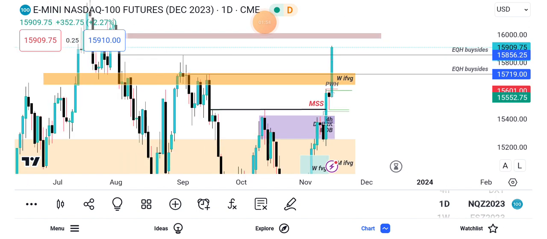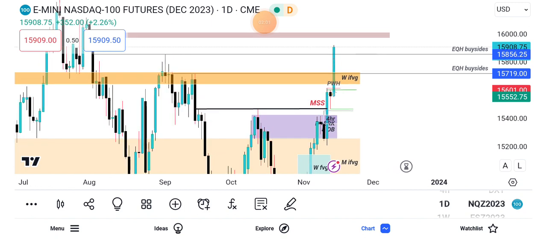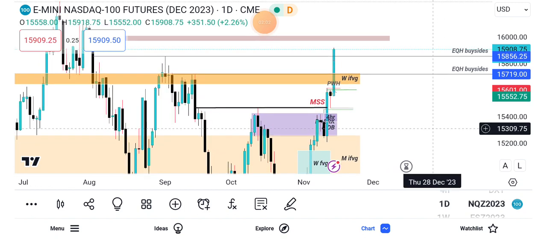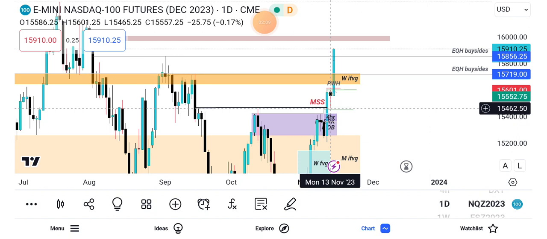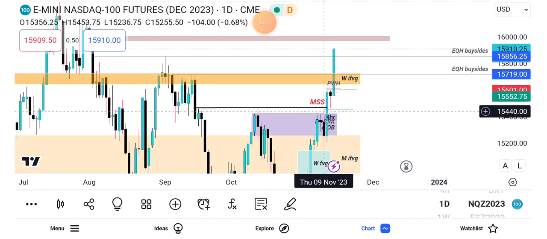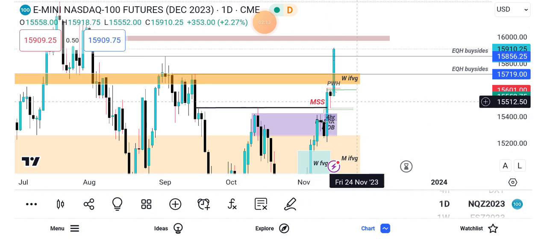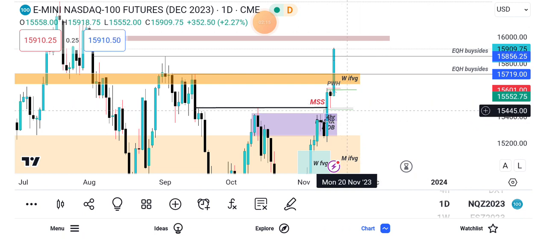Because ES and Nasdaq move really the same, what we can spot here is yesterday these candles' low did leave a fair value gap with these candles' high, the one that is these green lines.